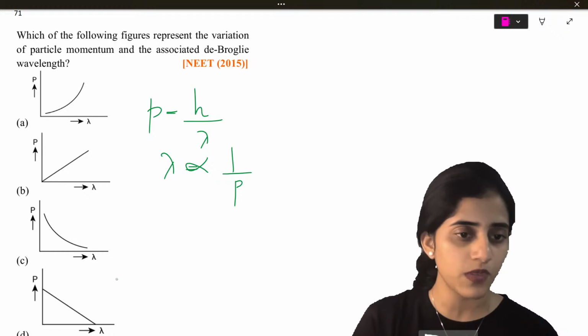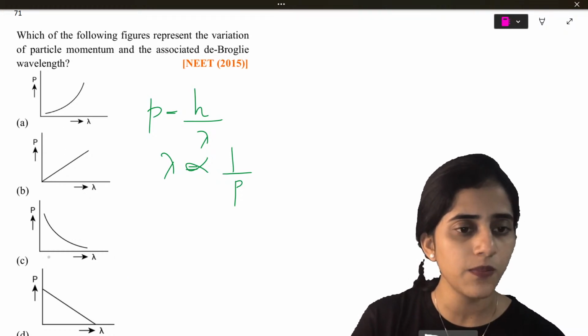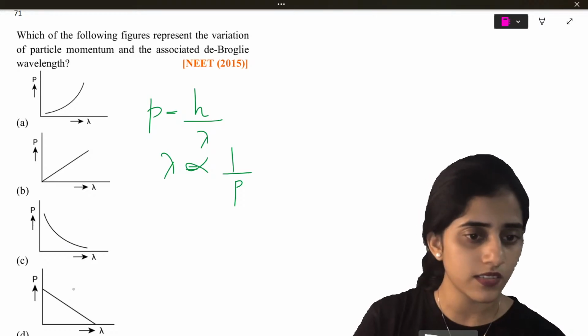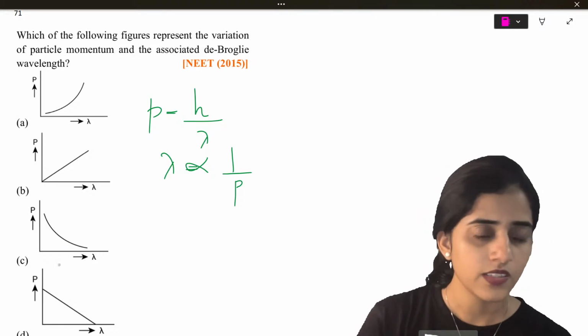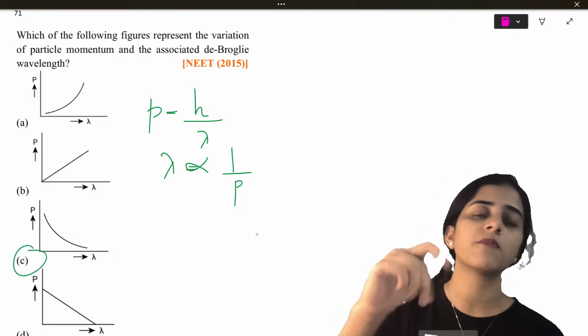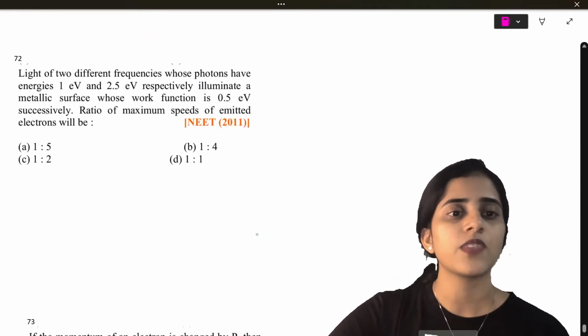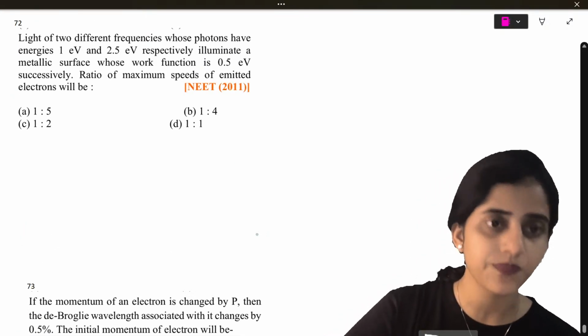So how should the graph be? This is A, this is B, this is C, this is D. The graph should be C because it's inversely proportional. Very easy question.